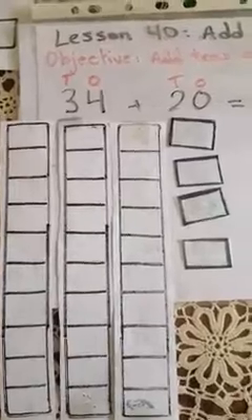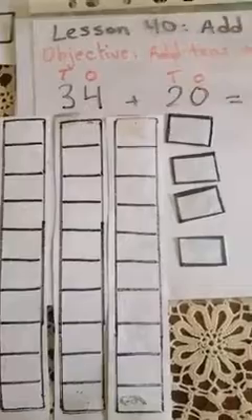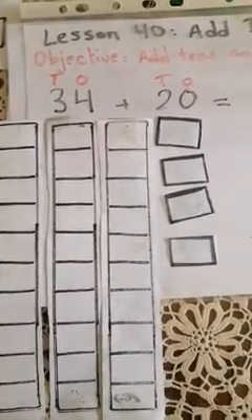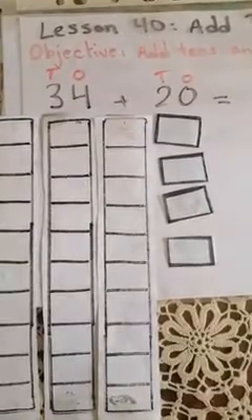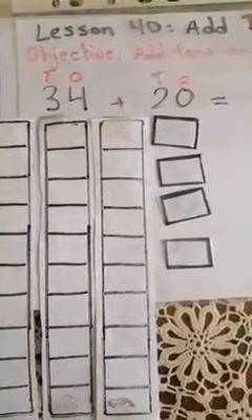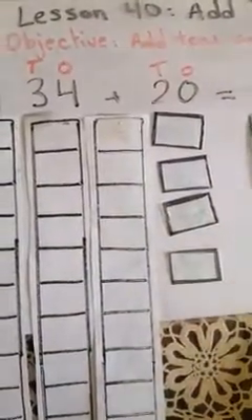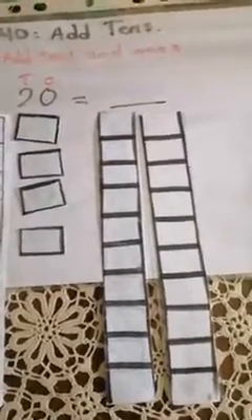Now let's move to 20. 20, how many ones? 0 ones. So we don't need any squares of ones. How many tens? 2 tens. So I will represent the tens using these 2 strips of tens. Now let's count.